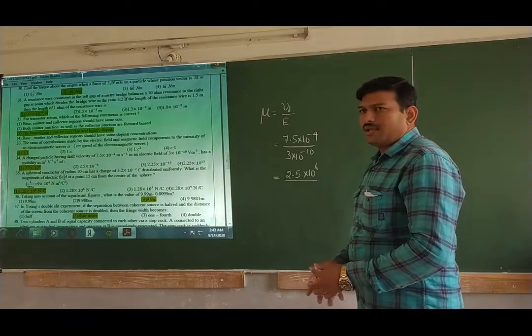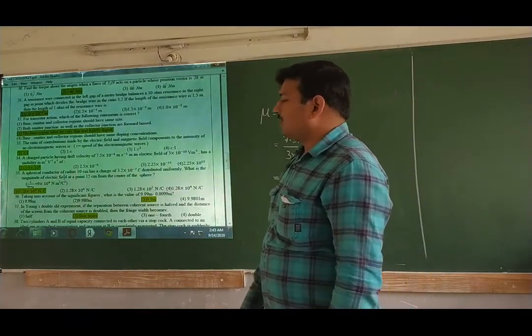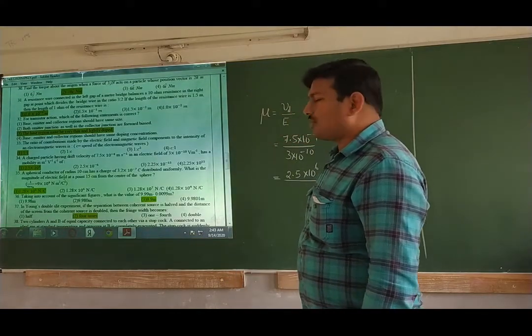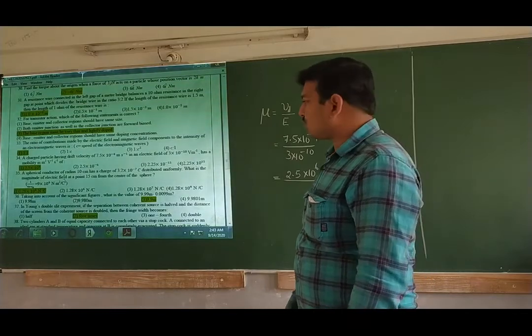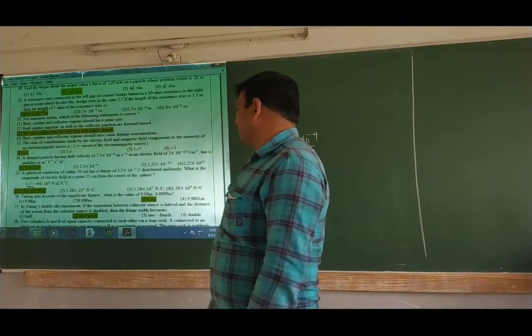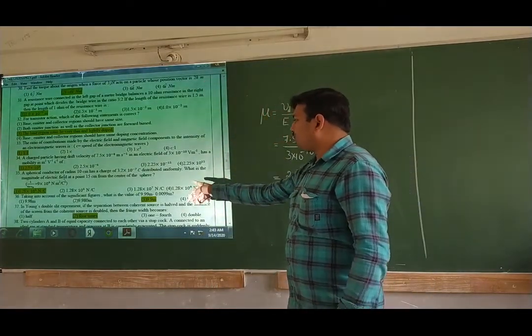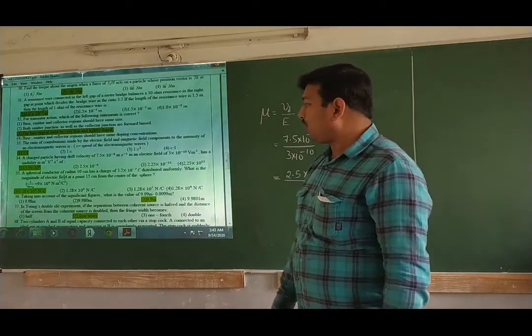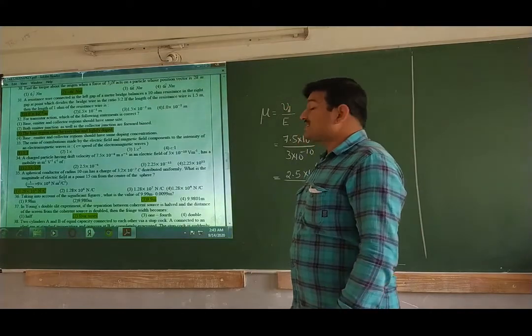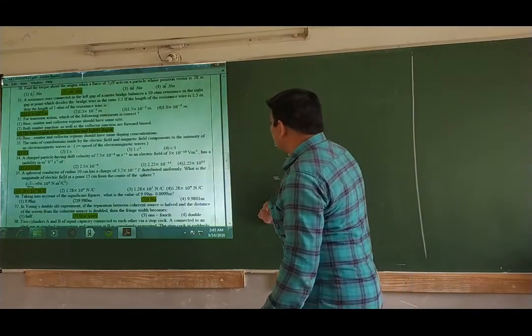Next, question 35: a spherical conductor of radius 10 centimeter has a charge of 3.2 × 10^-7 coulomb distributed uniformly. What is the magnitude of the electric field at a point 15 centimeter from the center of the sphere?